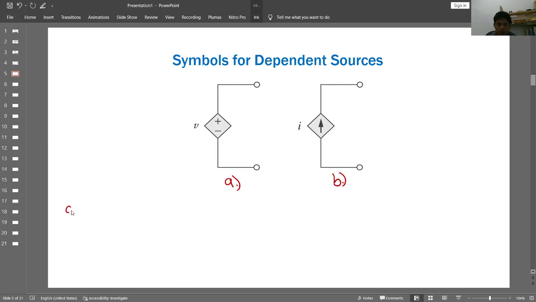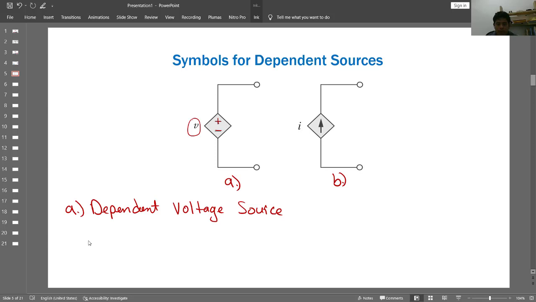So for A, we have that A is a dependent voltage source. Why? Because if you notice, we have magnitude and we have polarity, plus and minus.